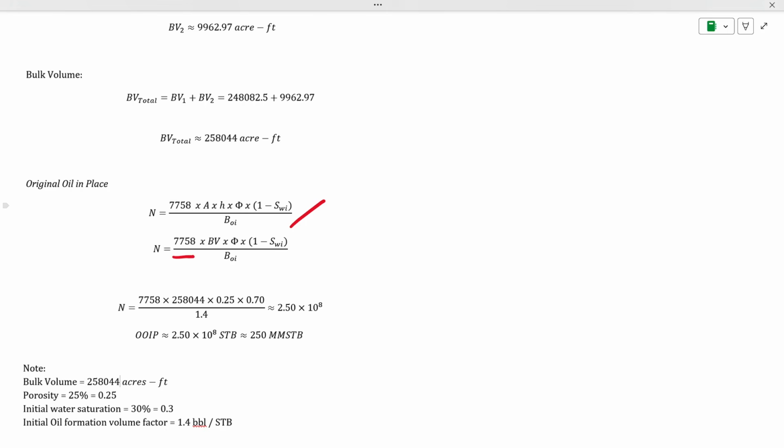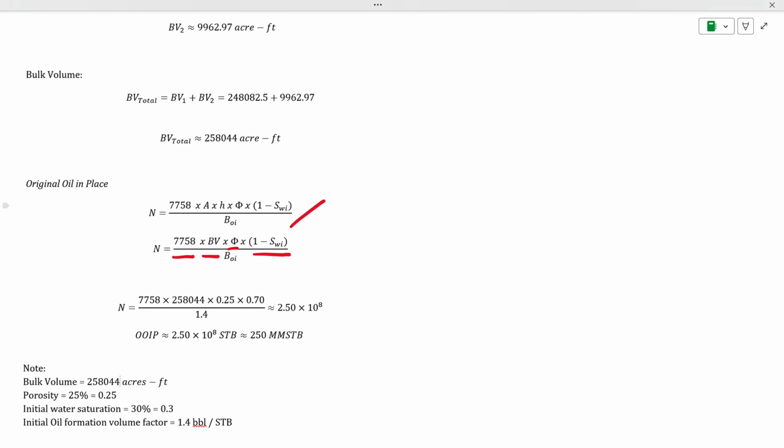We have the conversion factor 7758, the bulk volume, next the porosity that is given, 0.25, and the initial water saturation, 0.3.